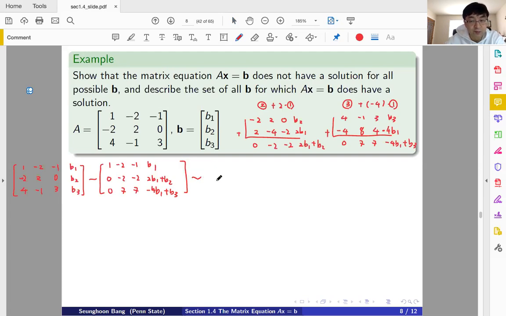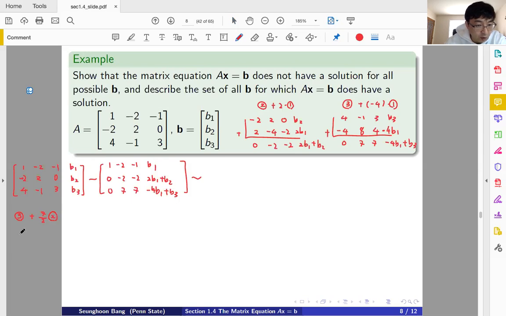The next, you have to eliminate the 7 in the third row by using the second row. How can you do that? The third row plus 7 over 2 times the second row.